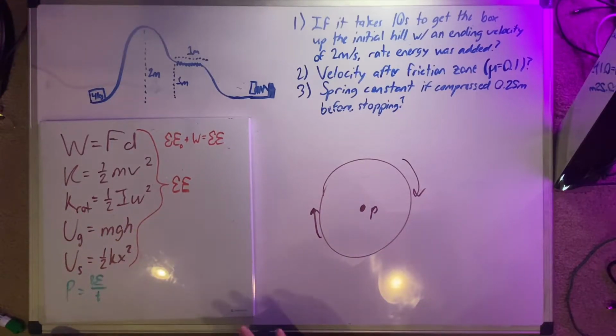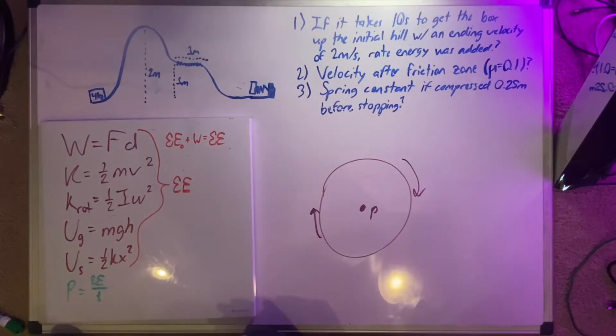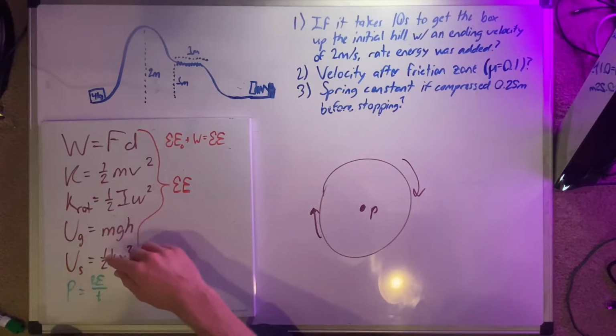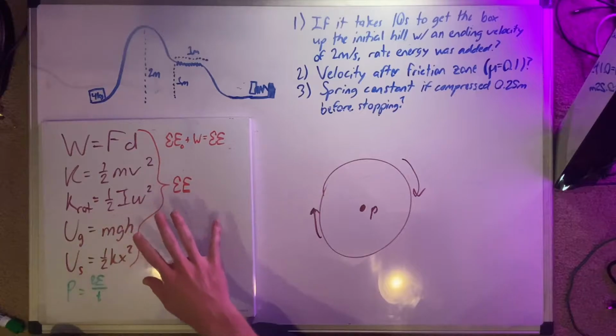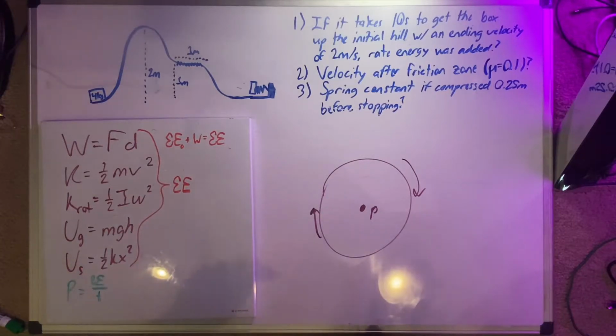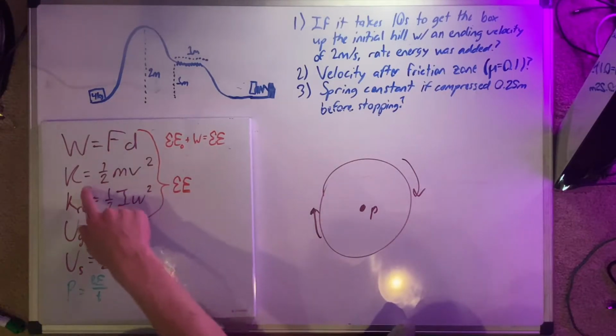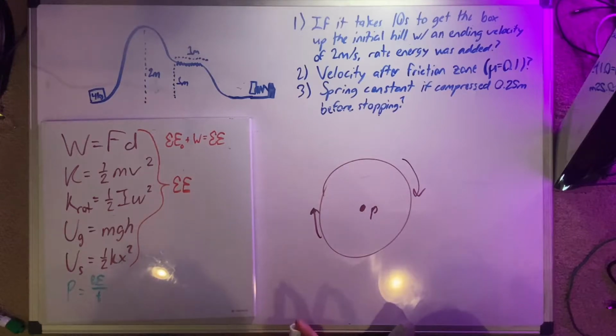K-rotational is based on the moment of inertia and angular velocity squared, which, if you narrow it all down, is just a fancier kinetic energy.